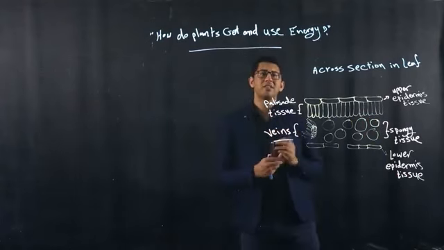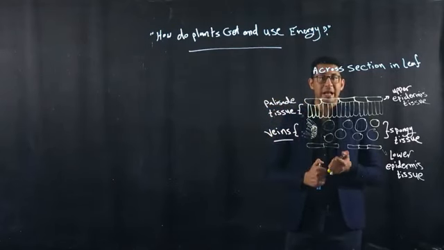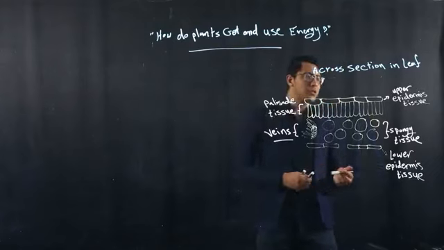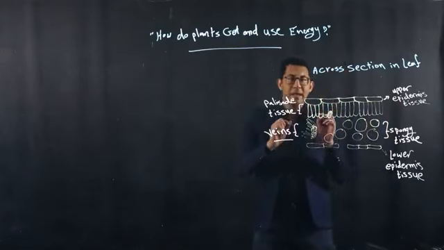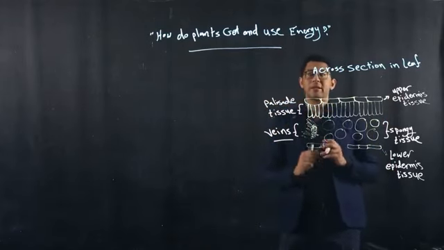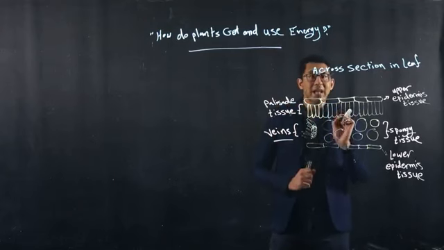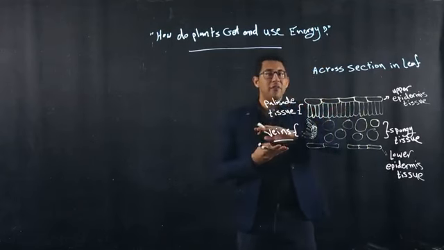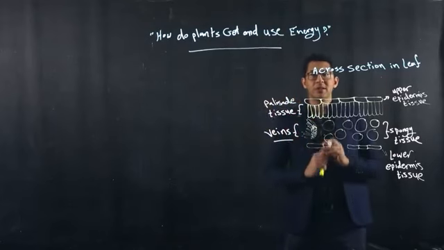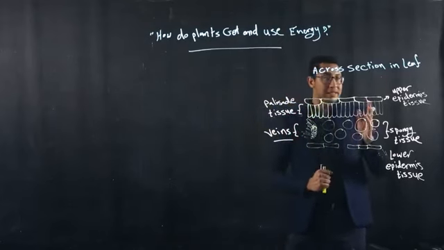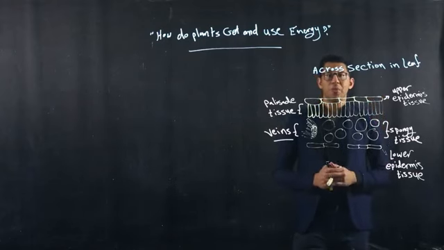So, let me explain for you each tissue, the shape of its cells, and the function of each one. First, the epidermis tissue: the main function of the epidermis tissue is to protect the cells. Exactly like the cover of your book protects the pages inside, the epidermis tissue protects the leaf.